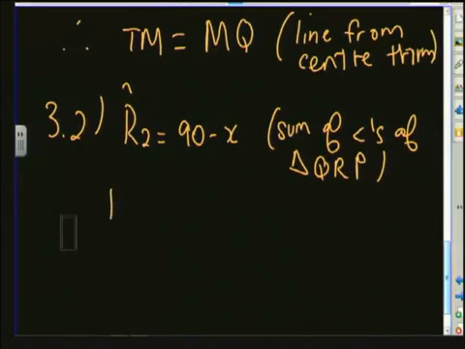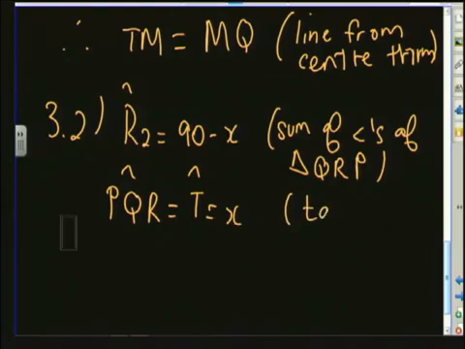We know that angle PQR is equal to angle T, which is then equal to x, and the reason for that was tan chord.